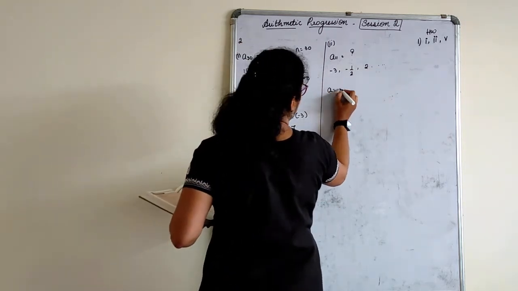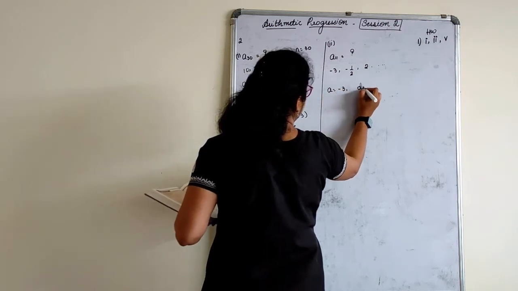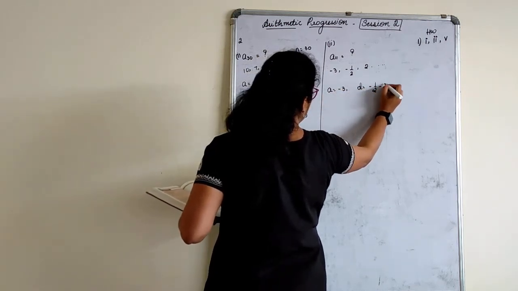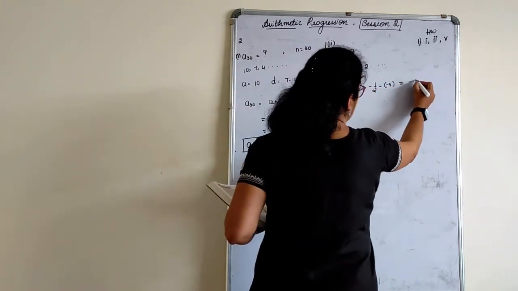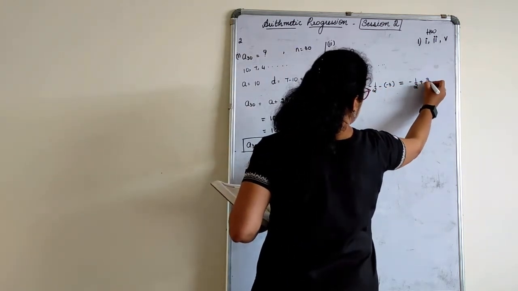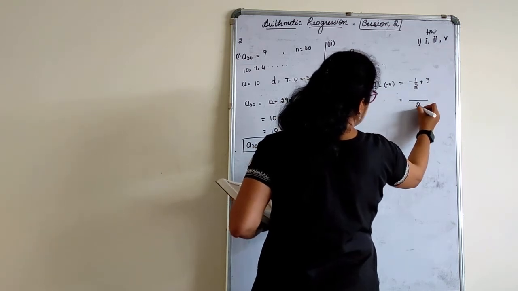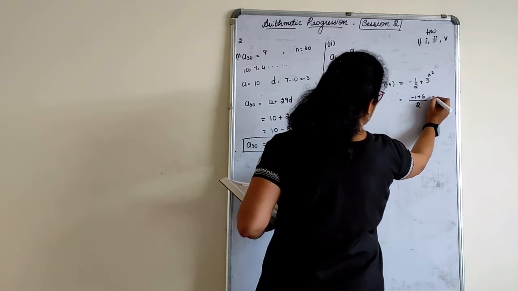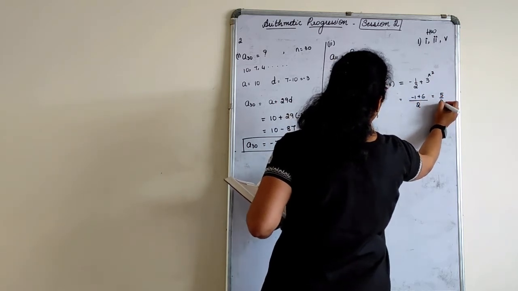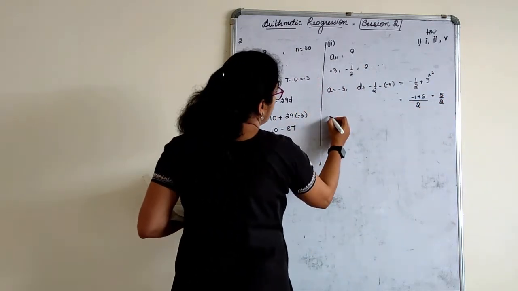A is what? Minus 3. Common difference is minus 1 by 2 minus of minus 3, which is nothing but minus 1 by 2 plus 3. 2 LCM, minus 1, 3 into 2 plus 6. So it is 5 by 2, the common difference.